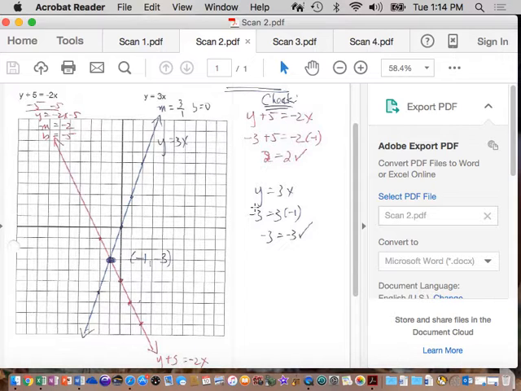It's very important that you do the check. Look at your paper. Did you do the check? As long as you try to do the check the right way, even if your answer is wrong.